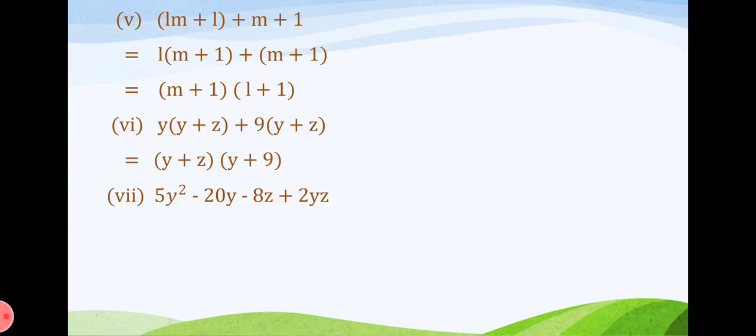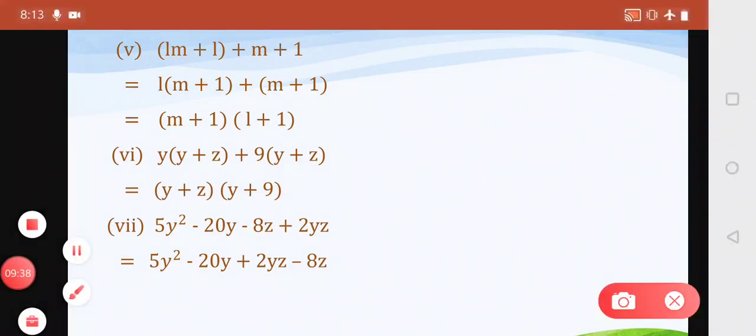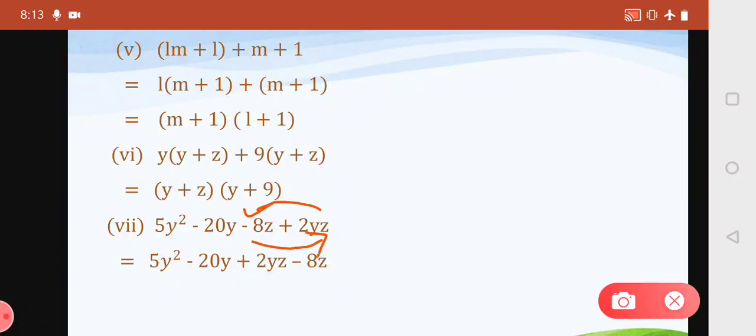So we apply the regrouping method, that is, we will make groups of the given terms of the expression. But before regrouping, we need to rearrange the terms. So first we rearrange the terms of the given expression, that is 5y square minus 20y plus 2yz minus 8z. We will bring 2yz as the third term and take minus 8z as the fourth term.